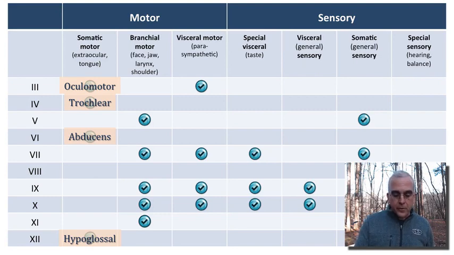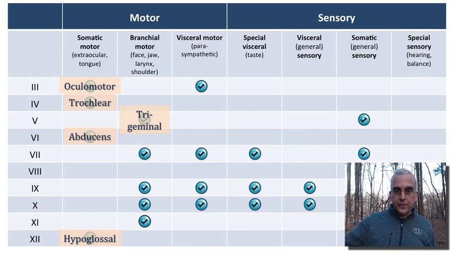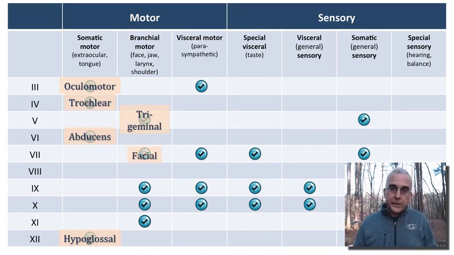Now, for branchial motor, we have the trigeminal motor nucleus. It's the motor nucleus that grows out the motor axons in the trigeminal nerve. And this supplies motor output to the muscles of chewing or of mastication. The 7th nerve, the nucleus there is called the facial nucleus. And that nucleus is responsible for governing the muscles of facial expression.